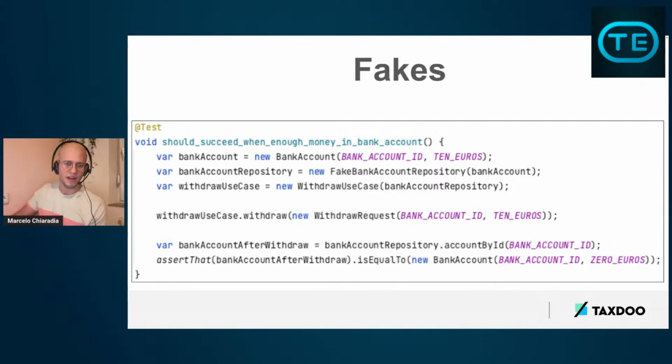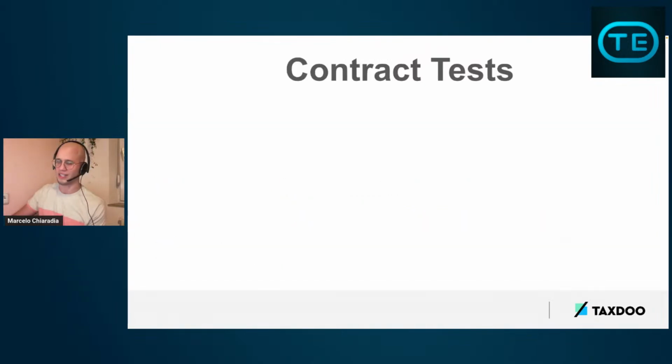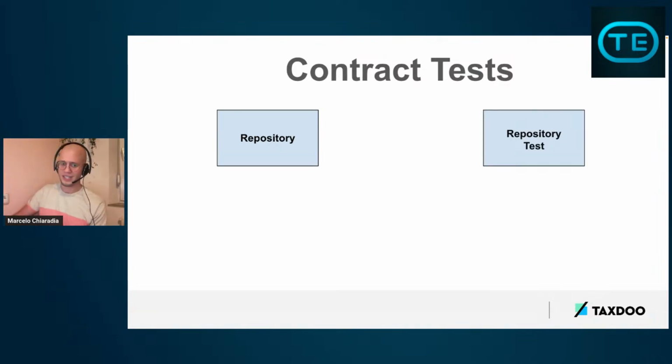Now, how can we address this? There is an artifact that we can use called a contract test, that is used to make sure that our real implementation and our fake behave as close as possible. So in the contract test, we will have our repository. We will have a repository test that is targeting the repository.